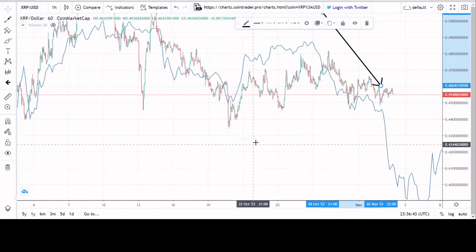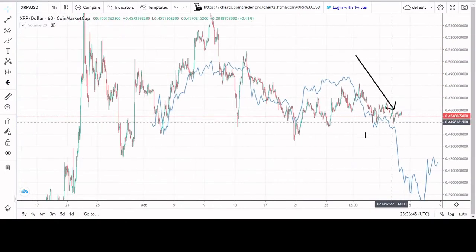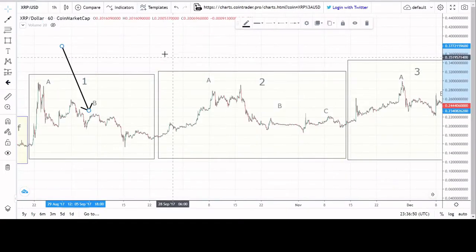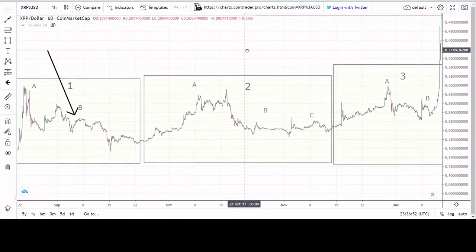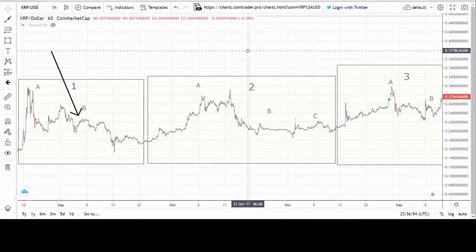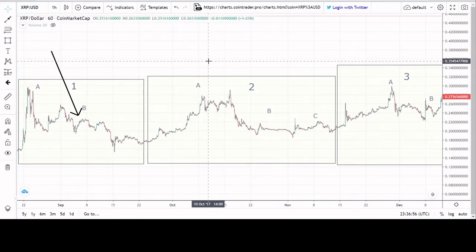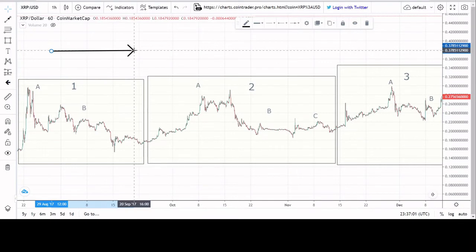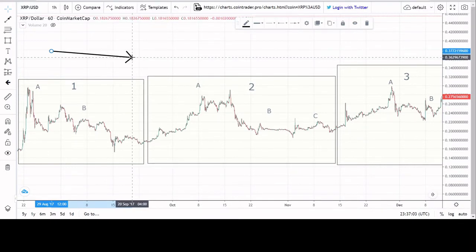Now, I want to talk about something important about this phase in the XRP chart. Let's go back to 2017 real quick. So I believe the correct way to be looking at this time in XRP is not as the bull run right around the corner. I don't believe that is the best way to look at it.